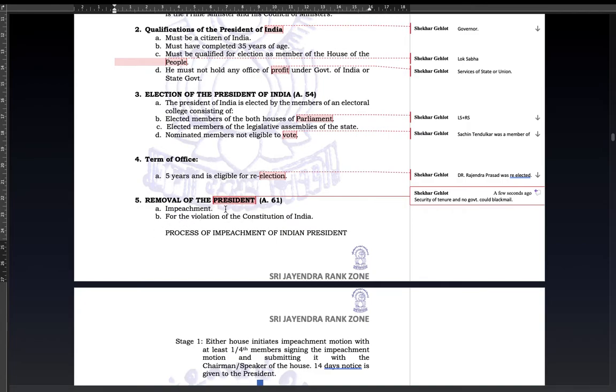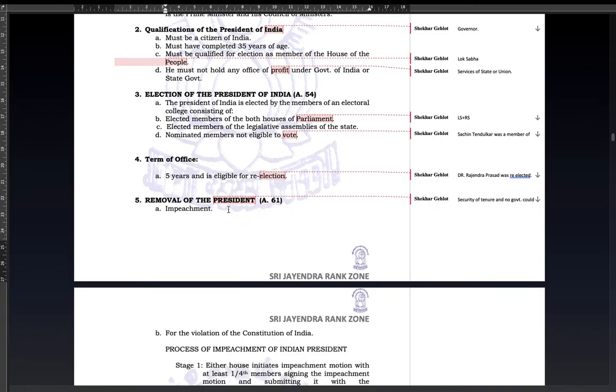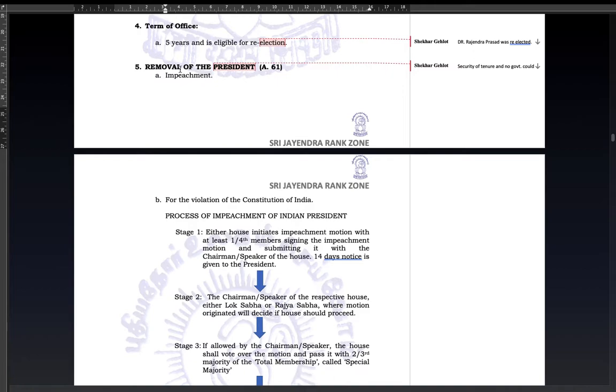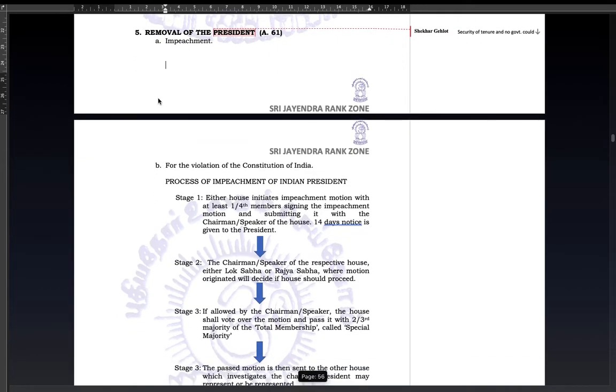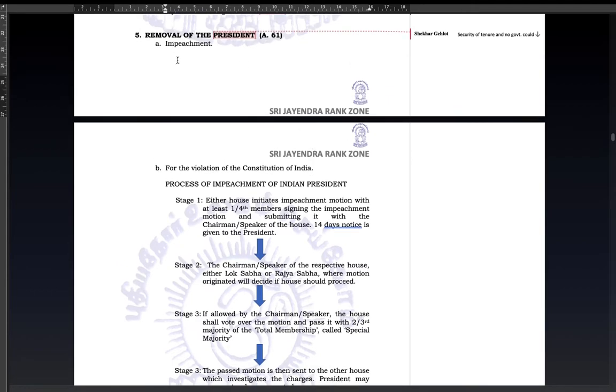So the President of India can be removed by a process called impeachment. And impeachment will happen only for the violation of the Constitution of India. If the president is found to have violated any provision of the Constitution of India, then only this process of impeachment will start. Otherwise impeachment cannot be started.